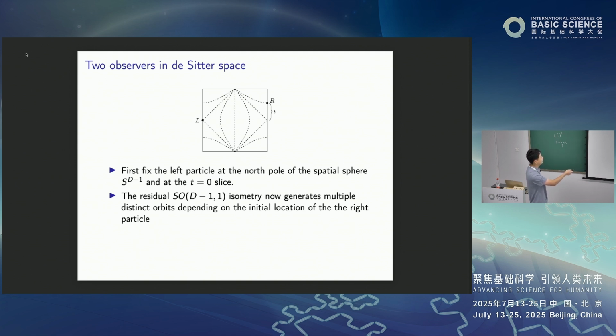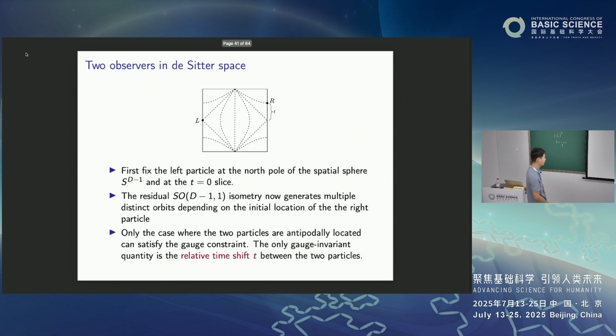So you can always bring the right observer and fix it at the center of the opposite static patch. The only physical degree of freedom left is a relative time shift between the two observers. Furthermore, you can gauge out the time reflection symmetry to constrain T to be positive.